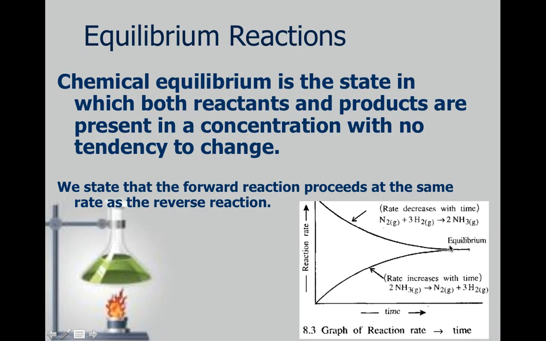This is actually an equilibrium reaction. It is reversible, so we can go from ammonia back into nitrogen and hydrogen. In an equilibrium reaction between these, we would have nitrogen, hydrogen, and ammonia present.